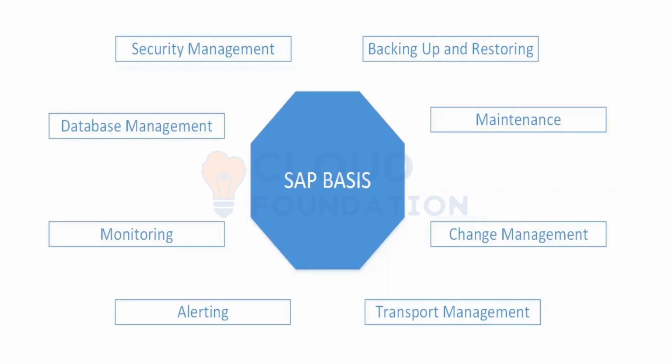Database management is nothing but some T-codes like DB02 and DB06 to check the calendar of the database, the buffer quality, and the space, how the space is running, and when the database was last updated.